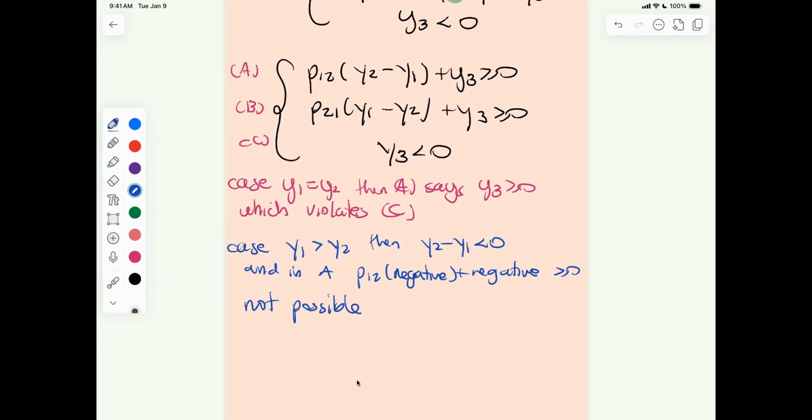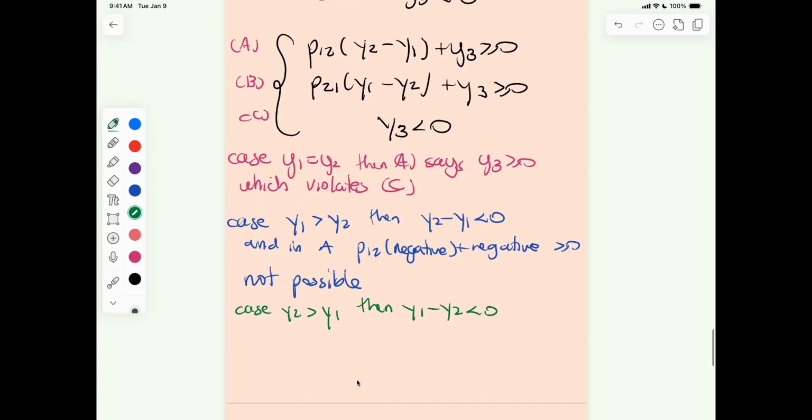And what else could happen? It could also happen that Y2 is greater than Y1. If Y2 is greater than Y1, now I look at the other inequality, then Y1 minus Y2 should be negative.